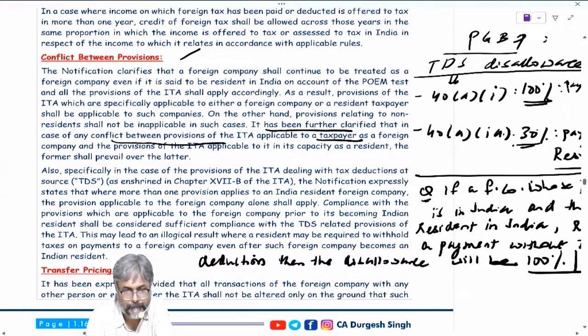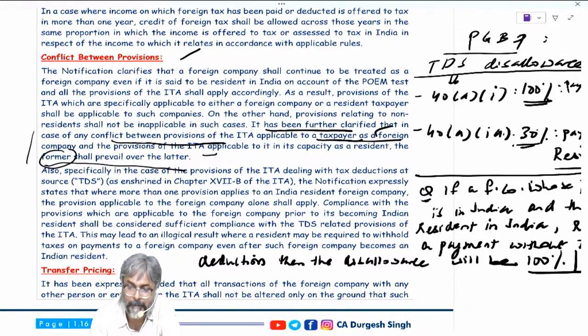So see over here, it has been clarified that in the case of any conflict between the provision of the Income Tax Act applicable to a taxpayer as a foreign company, and the provision of the Income Tax Act applicable to its capacity as resident, the former shall prevail. Former shall prevail means what? The provision of foreign company will prevail.